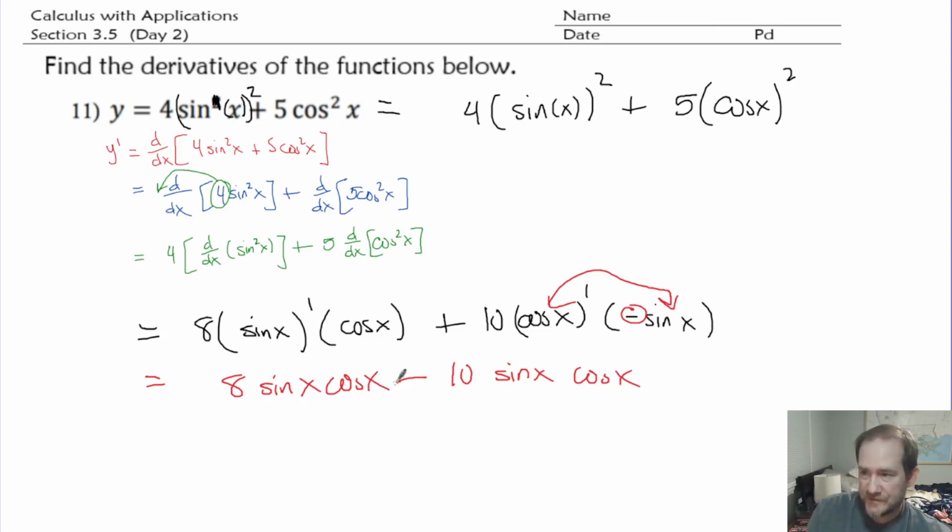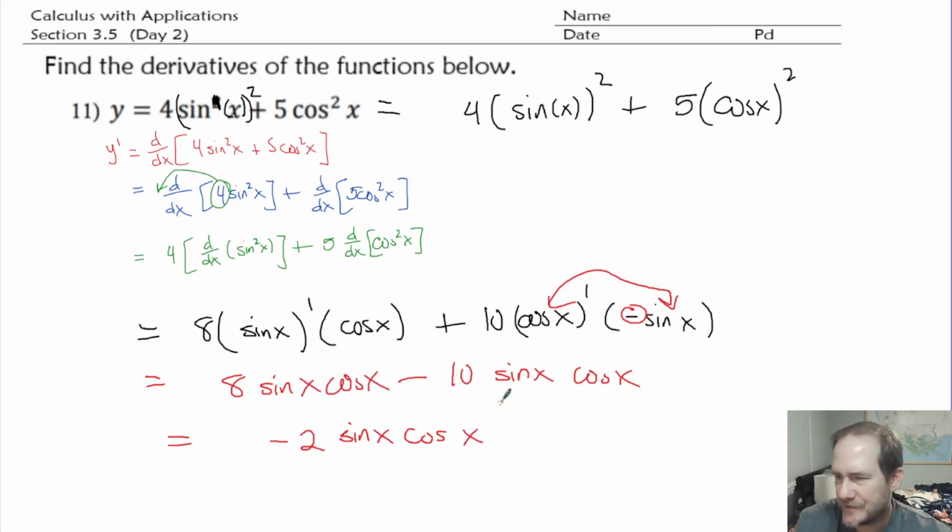Which, by the way, these are like terms. So this is negative 2 sine x cosine x. And that's about the best you can do.